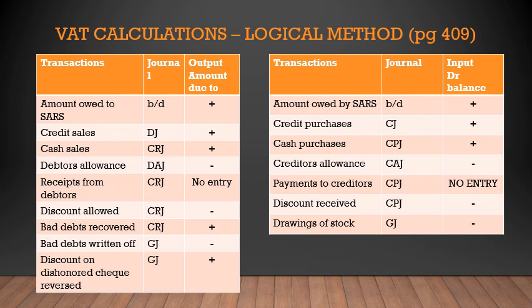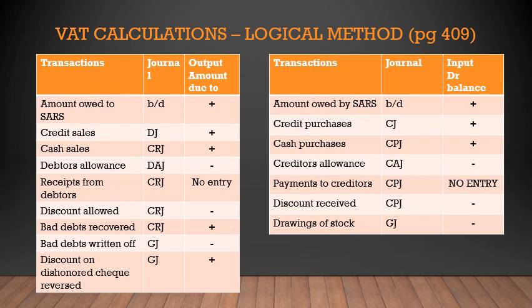Amount owed to SARS, this is the opening balance. Credit sales from the debtors journal increase output tax. Cash sales from the CRJ increase output. Debtors allowance, DAJ, decreases. Receipts from debtors: when a customer pays his account, we do not calculate VAT once again, because it was already calculated using the invoice base when the customer bought on credit in our first transaction.